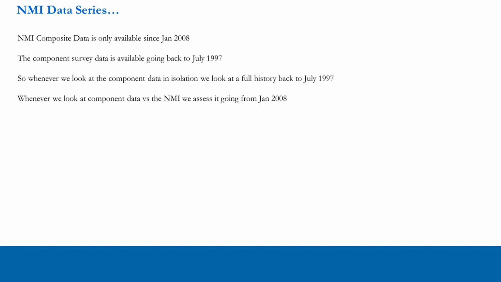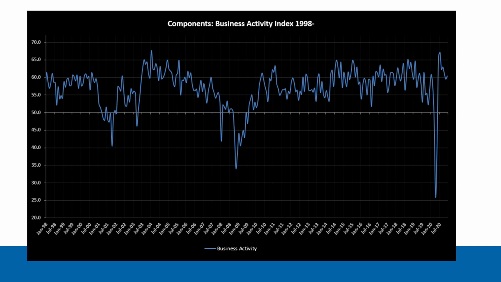So if we have a look at, for example, the business activity index, we can go all the way back to the late 90s. Here we've taken the data from 98 onwards, and we get a bit more of a business cycle history from the service sector.